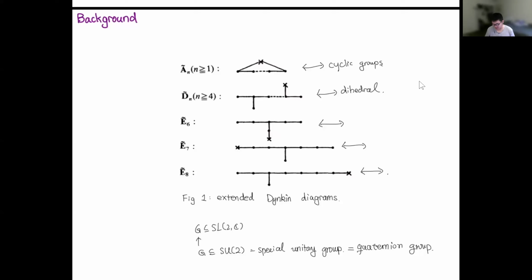And using this description, you can just write down the possible generators of G and all the possible relations, which are labeled by, each should be generated by three elements, and then there should be some integers that label the relation. It's possibly x^a = y^b = z^c. And now the remaining thing is to look at what the possible pairs ABC can be. And this gives you the following ADE classification.